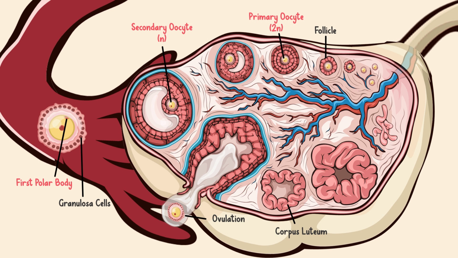Anyways, the ovum after ovulation now enters the fimbriated end of one of the fallopian tubes, also called uterine tubes or oviduct.